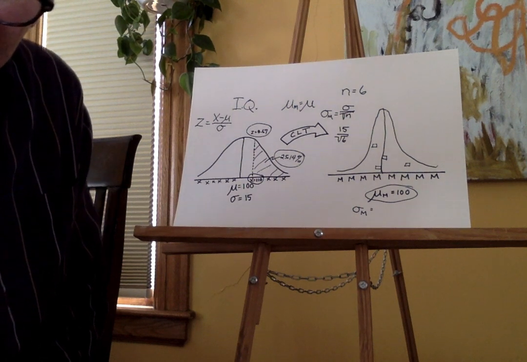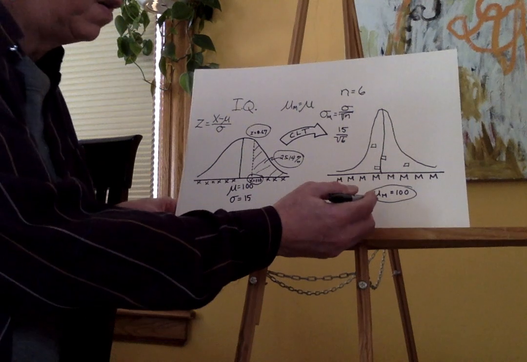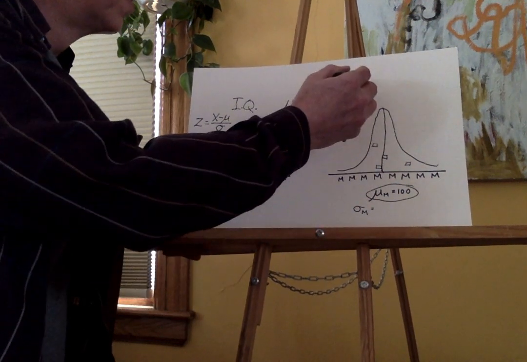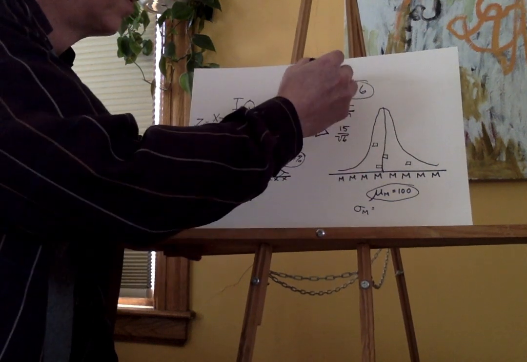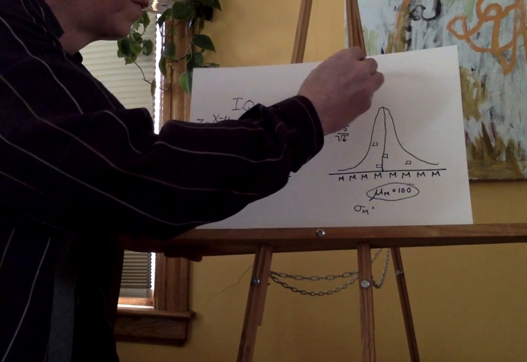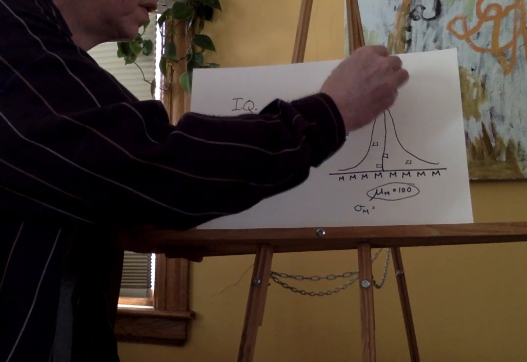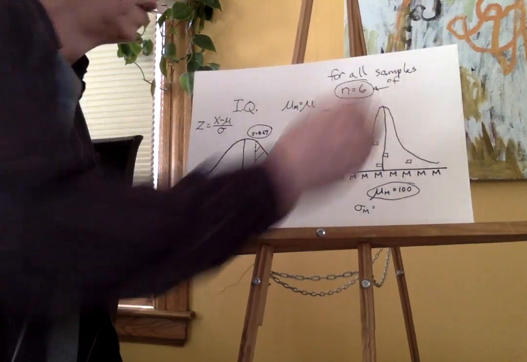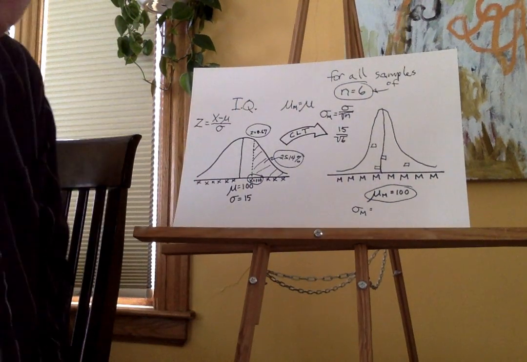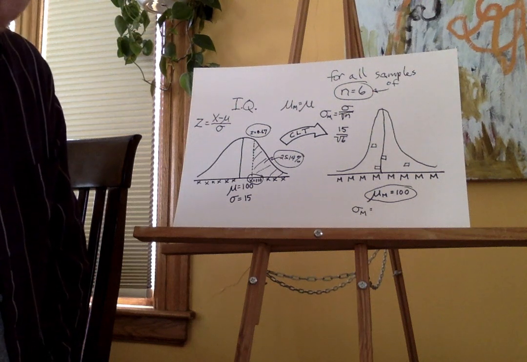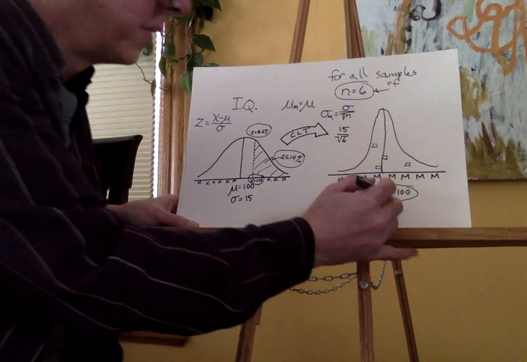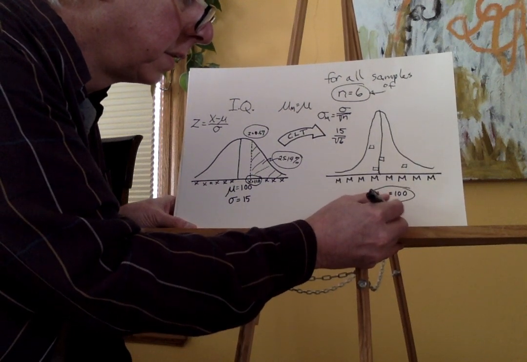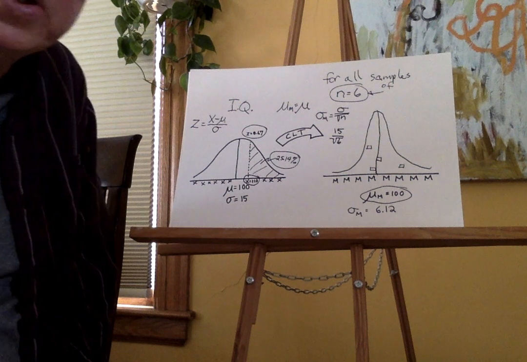And so the new standard deviation of the sampling distribution of sample means for all samples of n equals 6, okay, is 15 divided by 2.45, so that ends up being 6.12, okay, 6.12.